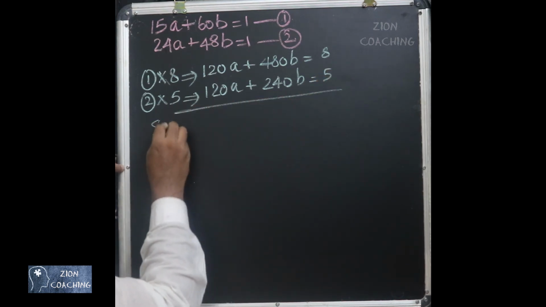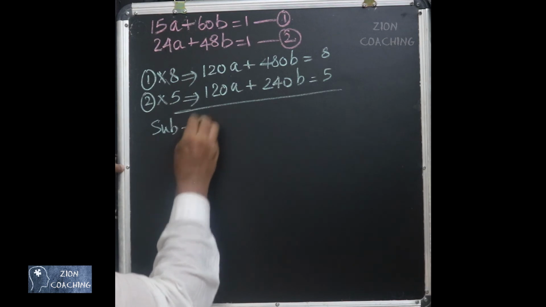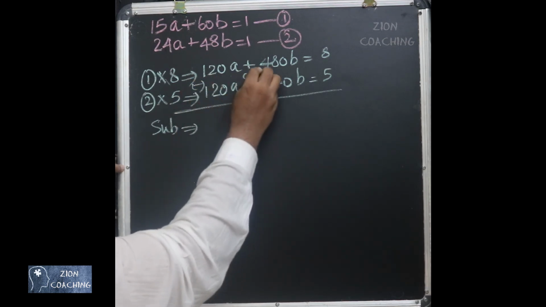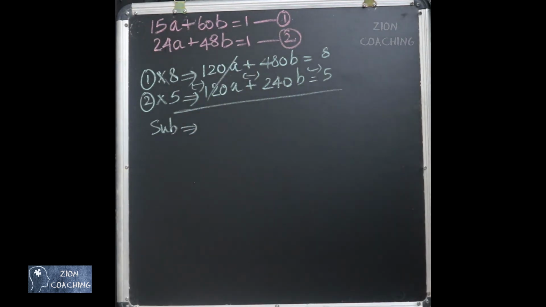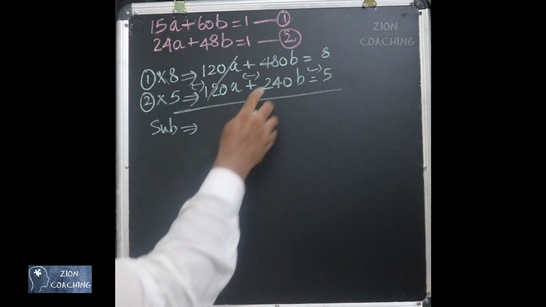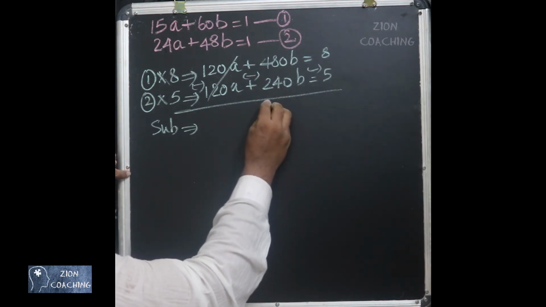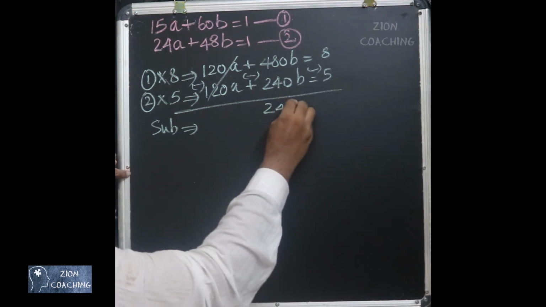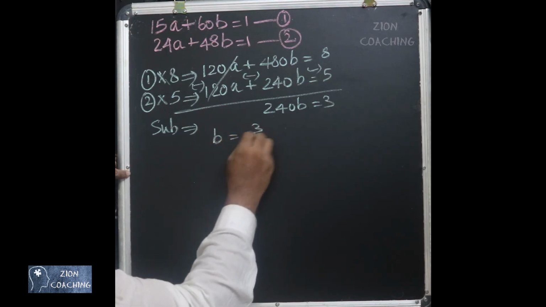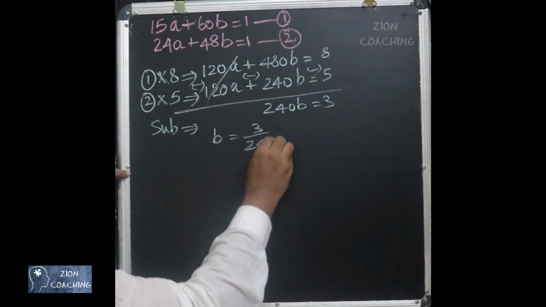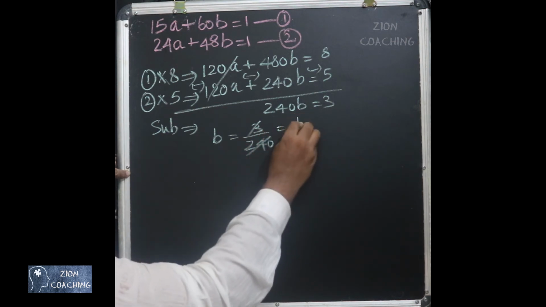Now we are going to subtract, changing the symbol. This will get cancelled. So 480b minus 240b is going to be 240b is equal to 3. Then b value will be 3 by 240, that is 1 by 80.